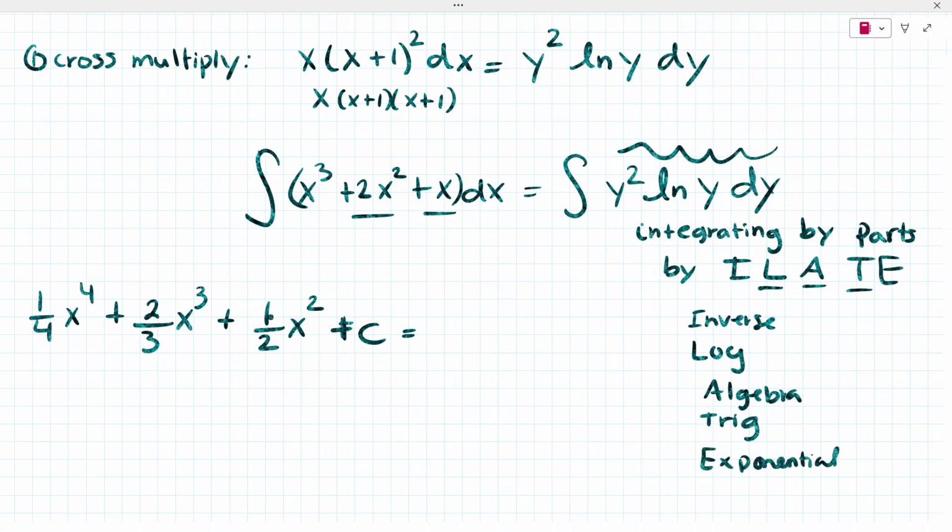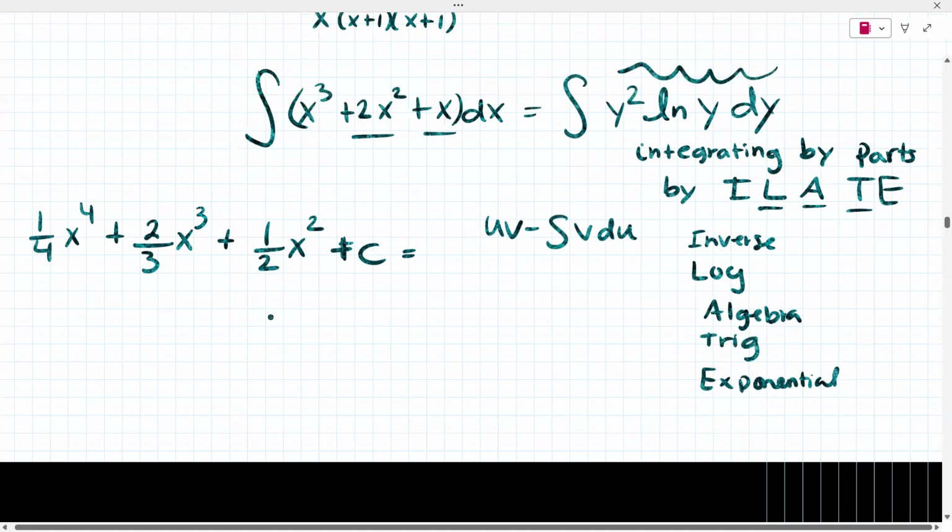So what do we do? What is integration by parts? It's u v minus the integration of v du, right? That is integration by parts. So what do you think our u should be, and what do you think our dv and our du? I believe our u is going to be ln of y, and the derivative du, what's the derivative of ln of y?